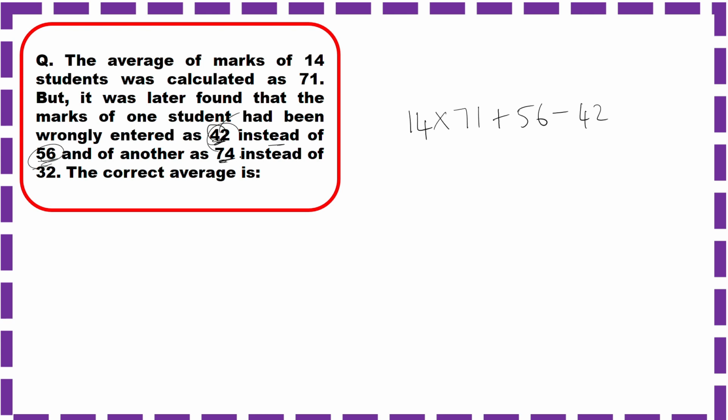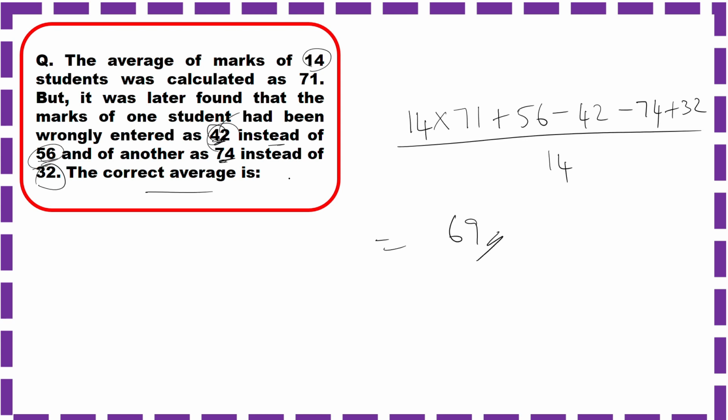Now 74 is erroneous, so minus 74, and what was to be calculated? 32, so include 32. By how many are there? 14, right? So there won't be any change in this, so 14. So after calculation you will get 69 as the current average of all the 14 students.